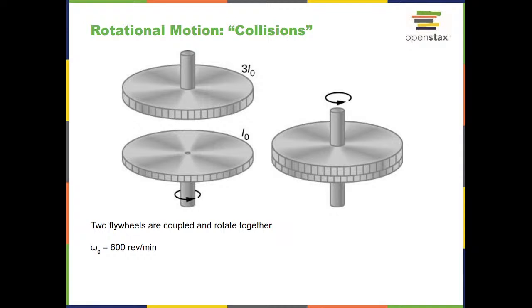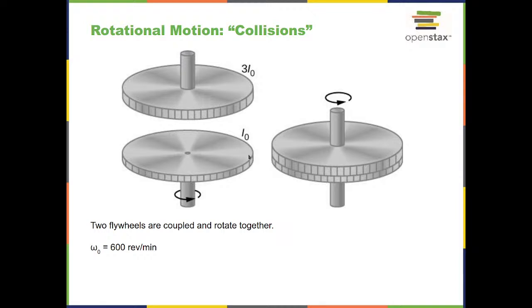We have one flywheel with a moment of inertia of 3 times I0 that is at rest. And we have one flywheel that is rotating with an angular velocity of, let's say, 600 revolutions per minute.